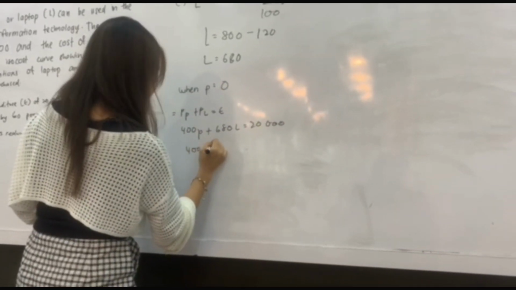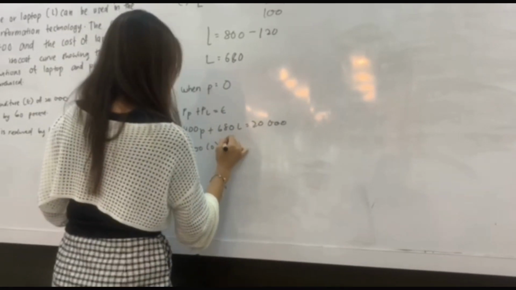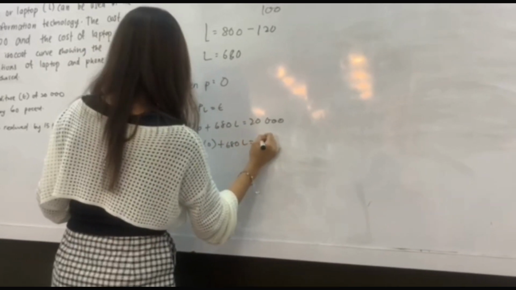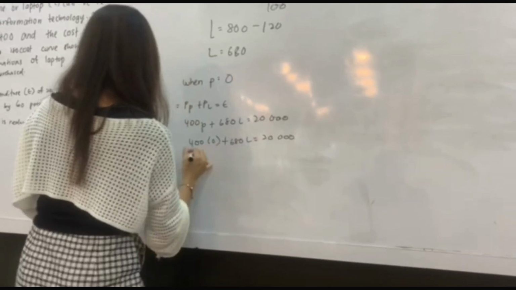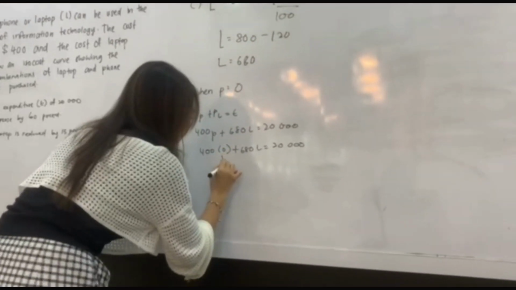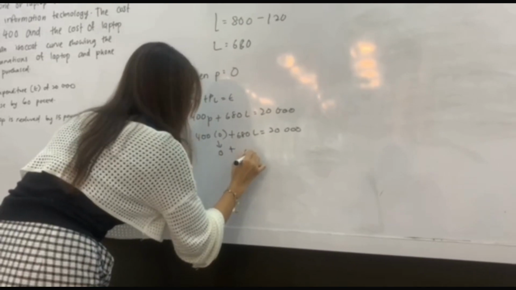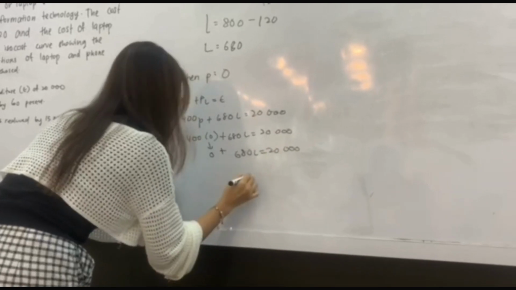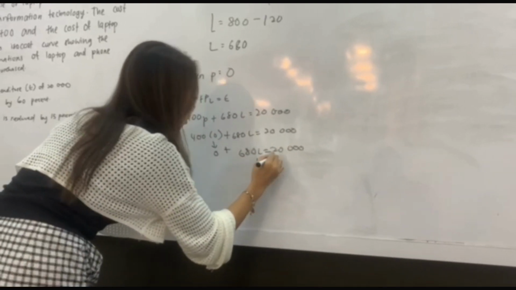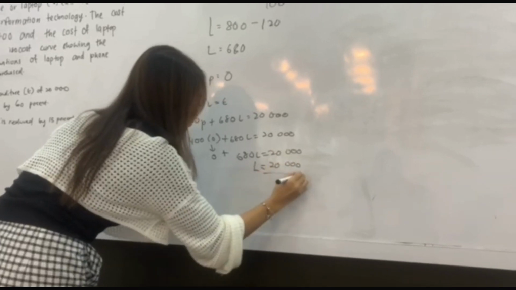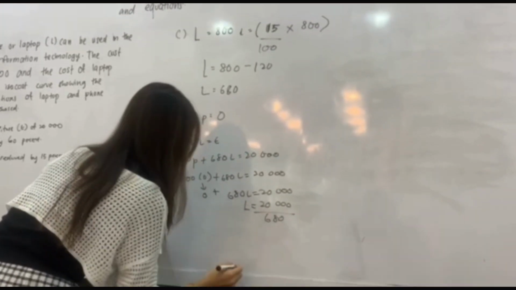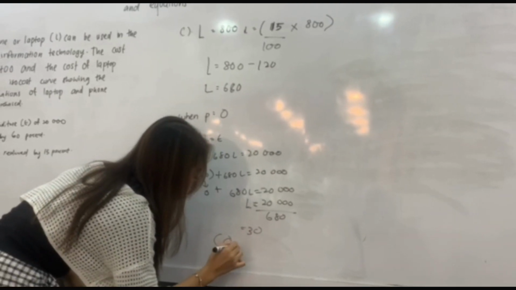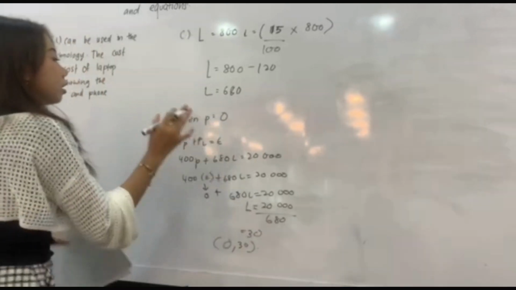Same like open the bracket, put the 0, plus 680L, we got 20,000. So turunkan 0 plus 680L, 20,000. So L, turunkan L sahaja, 20,000 divide 680. So we get 30. So for the bracket, we put (0, 30). So that's for the first part.